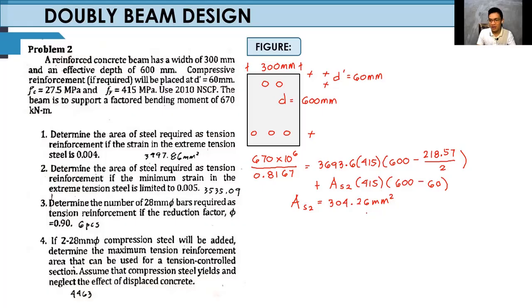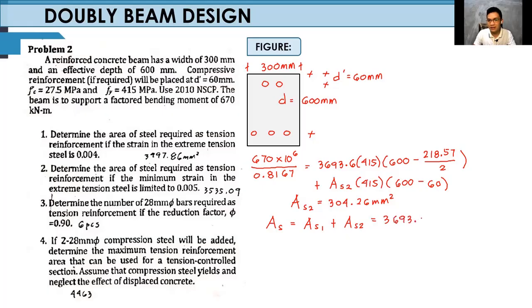So therefore, yung hinahanap natin sa number 1 is area of the steel required as tension reinforcement. So, lahat ng tension daw na kailangan natin sa beam. So, therefore, that is, natawag natin na AS or AS total. That is AS1 plus AS2. So, therefore, lapit na tayong matapos for situation number 1.